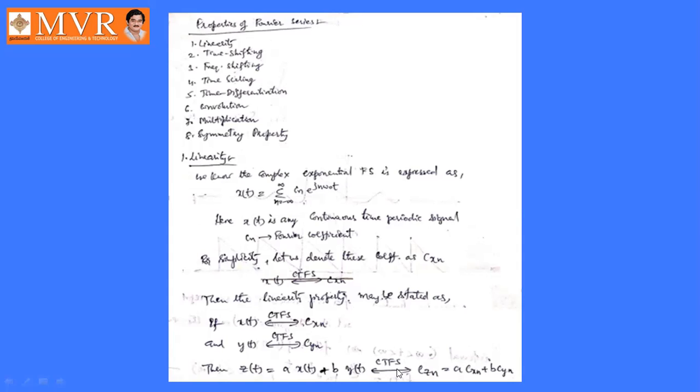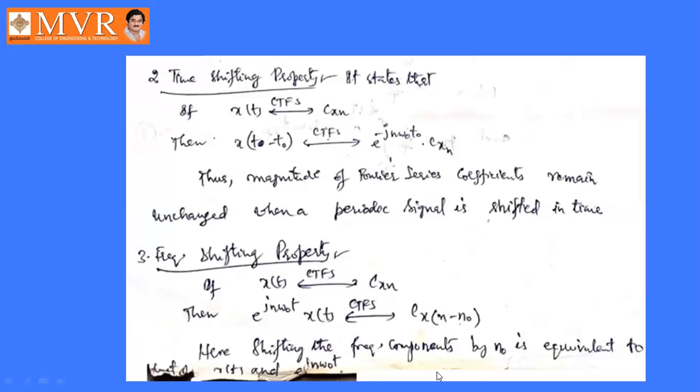The CTFS of a x of t plus b y of t is nothing but a into Cxn plus b into Cyn, that is Czn. So that is the linearity property.